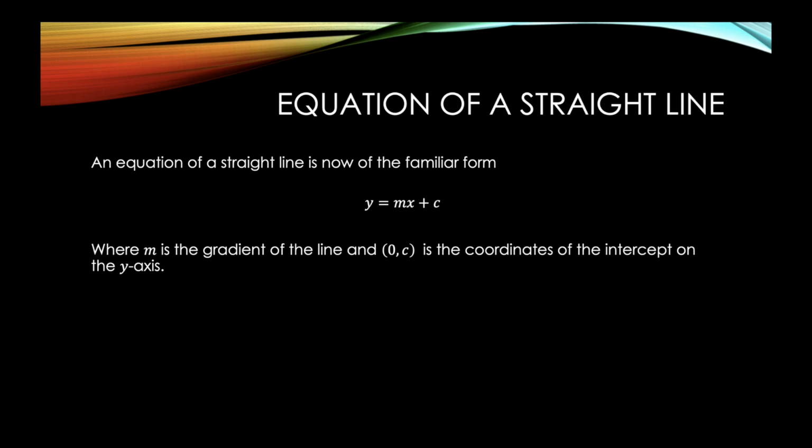Now note that if you have any equation with a single y to the power of 1, or any quantity of y, and if you have any quantity of x to the power of 1, and you rearrange it into this form, y equals mx plus c, you'll find that c is always going to be the intercept on that vertical y-axis.